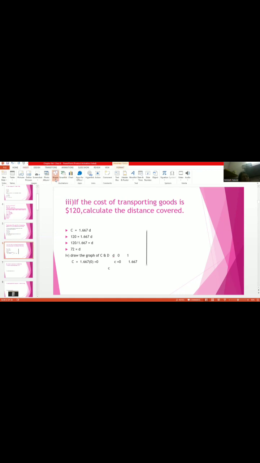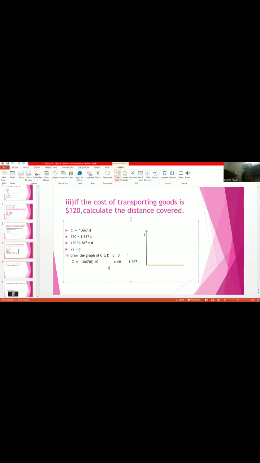Okay, I have to take the other shape. Now I have to put the textbox here. On the vertical side, I have the value of C, and on this side, again I take the text box.